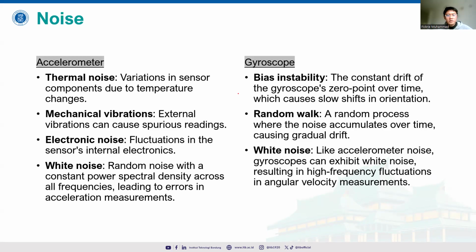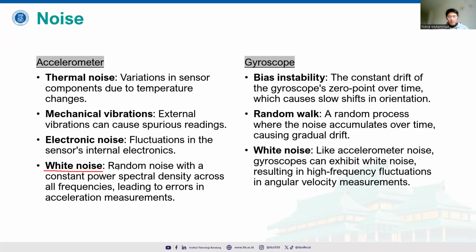And electronic noise can also be found in the accelerometers, like fluctuations in the sensor's internal electronics. And then white noise, we have to note this one because we're going to talk about it later on: noise with a constant power spectral density across all frequencies, leading to errors in acceleration measurement.